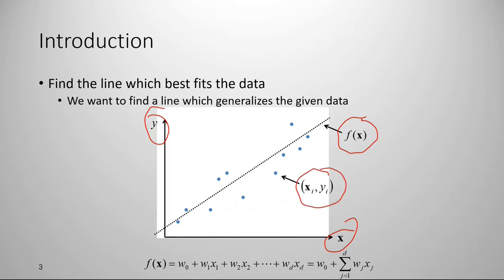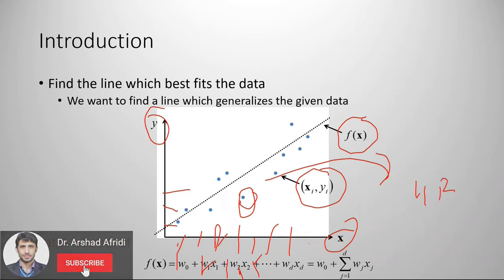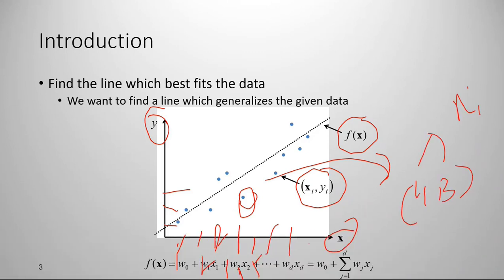For example, this point is around 4, 3: x is 4 and y is 3. So this point is represented by two variables, x and y, which is a two-dimensional point.